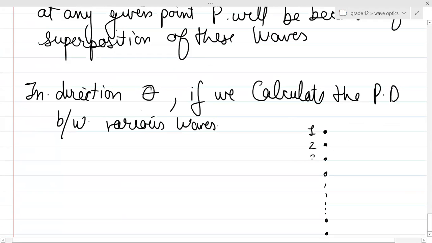One, two, three, four. This is n minus 1. This is n. All these rays which are there are at an angle theta.